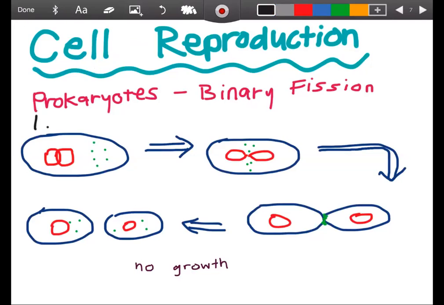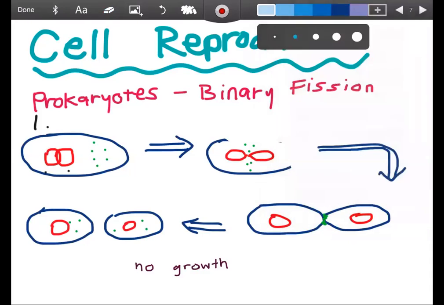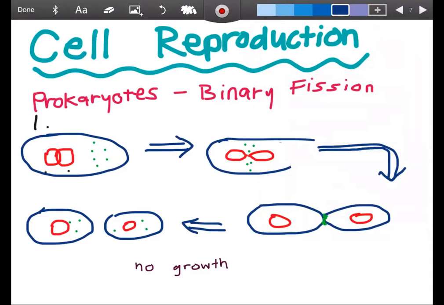The one single loop of DNA replicates itself, and that's why you see two different loops of DNA. Then the cell will elongate. It's not really clear with this picture, but let's imagine that the cell elongated. And the proteins are going to migrate to the center.